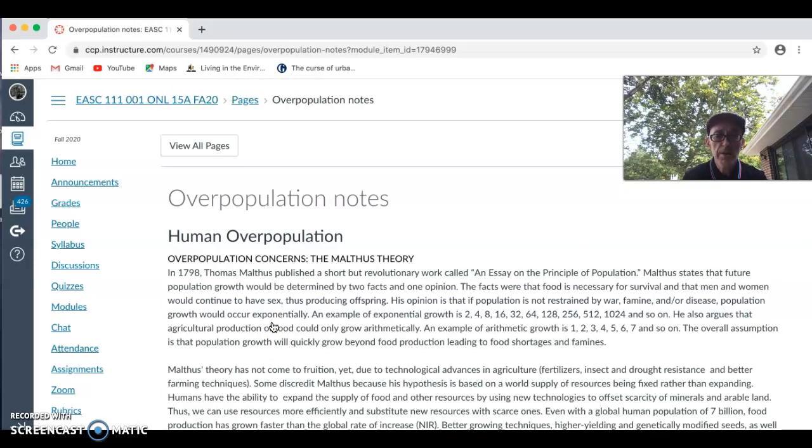Okay, it talks about overpopulation, talks about Thomas Malthus and some of the ideas relating to population. It talks about exponential growth and arithmetic growth or linear growth, in which population is growing exponentially, however food supply is growing in a linear way.